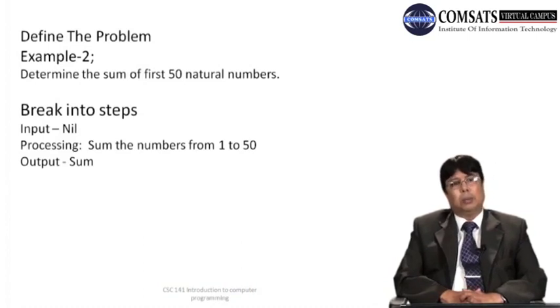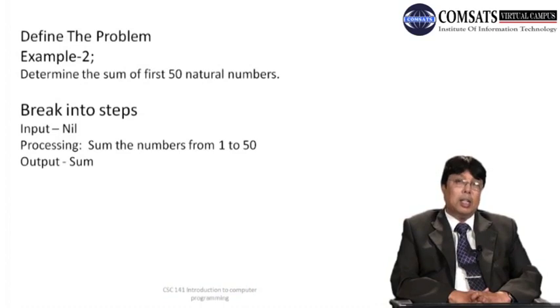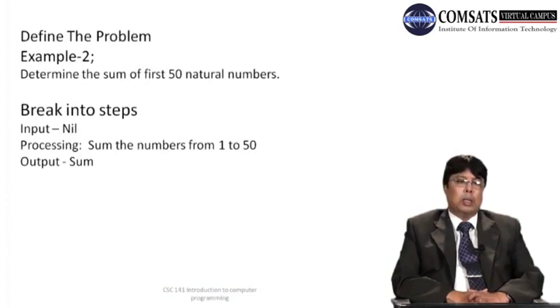Let us define the problem first. Break into steps. ये कौन सा steps को हमने further steps में break कर रहे हैं? Define the problem. Defining the problem हमने उसको break up किया input, processing, output. Input is nil.